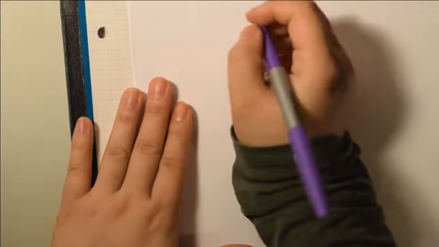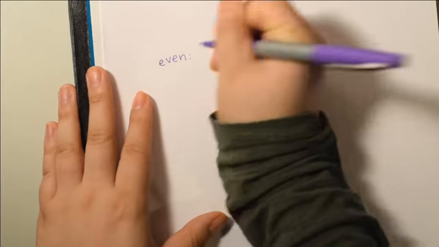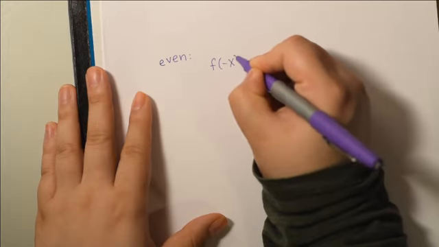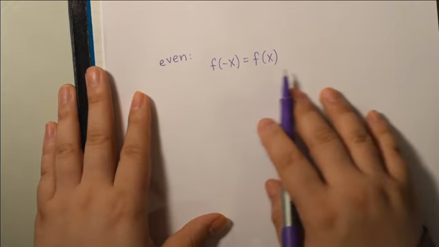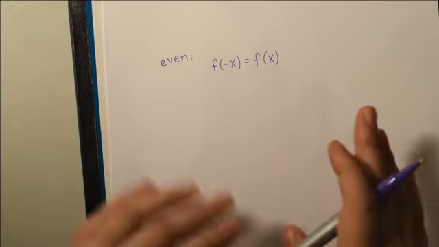Okay, so for even and odd functions, let's just start with the TLDR, too long, didn't read. Just the takeaway here. For even functions, f of negative x equals f of x for all x. Okay? And we'll get into what this means.